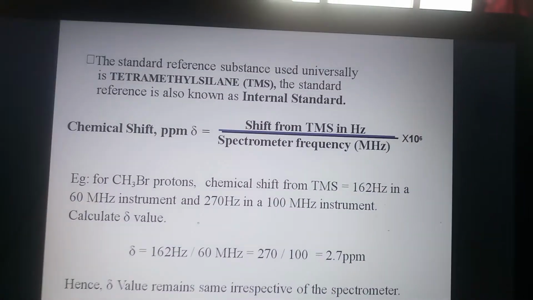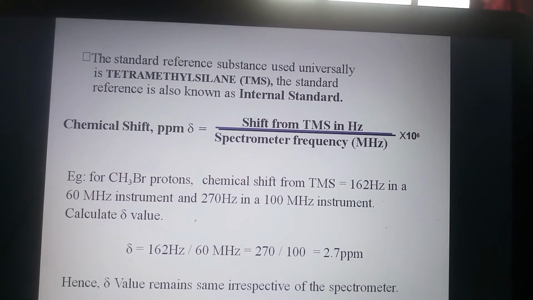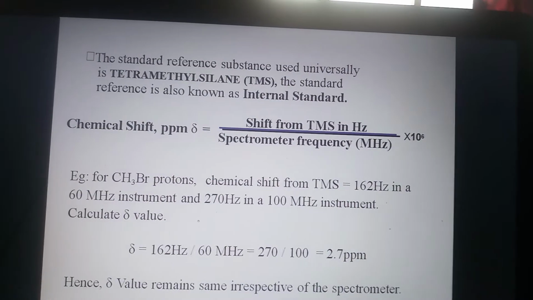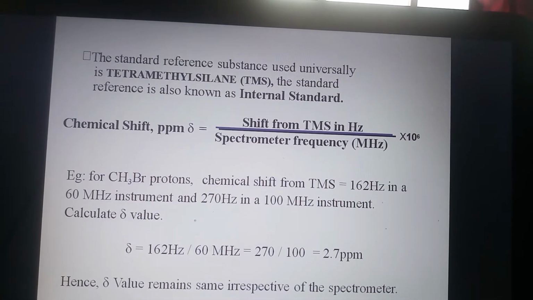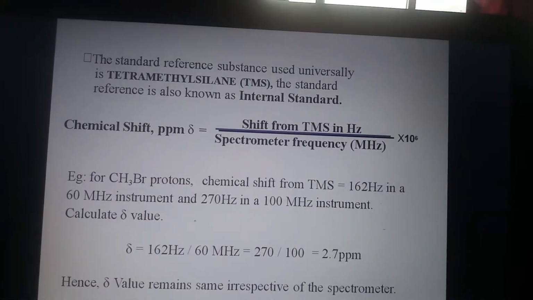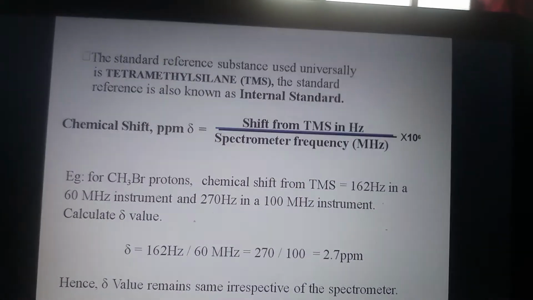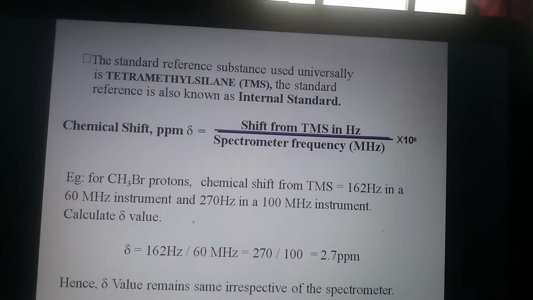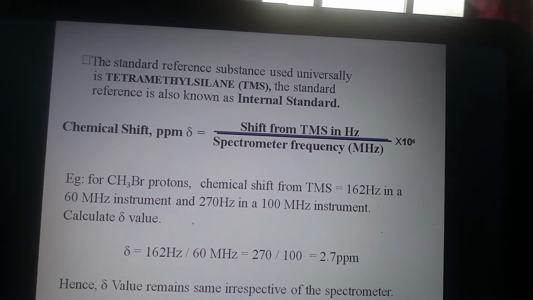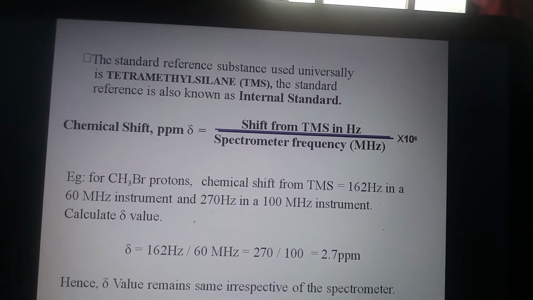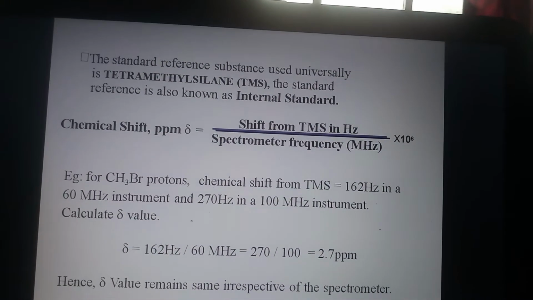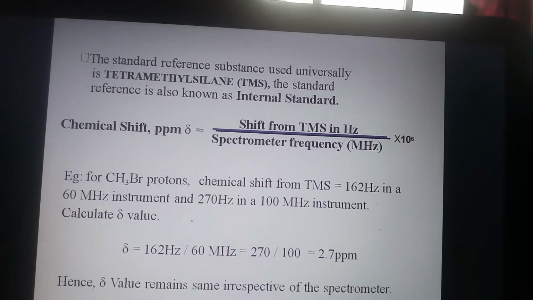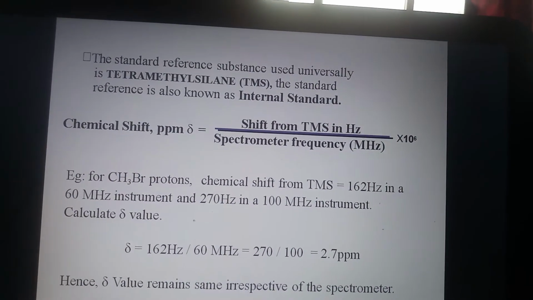The standard reference substance used universally is tetramethylsilane, that is TMS. We have learned it in a previous slide. The standard reference is also known as the internal standard. So chemical shift in ppm, expressed as delta, is the shift from TMS in hertz divided by the spectrometer frequency in megahertz, times 10 to the power 6.